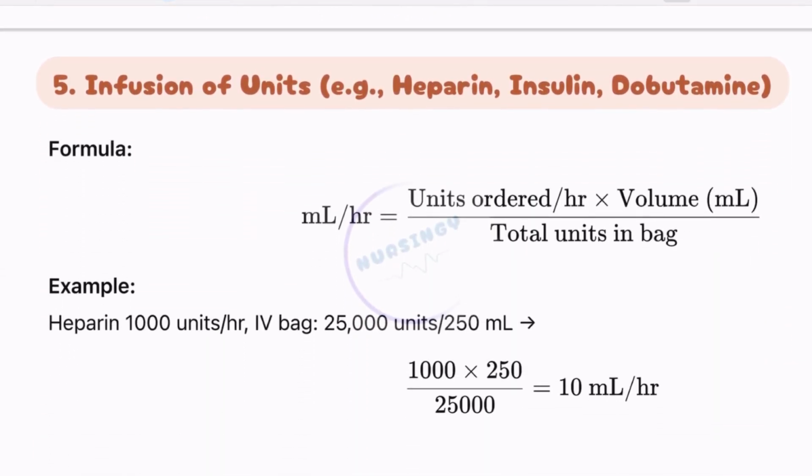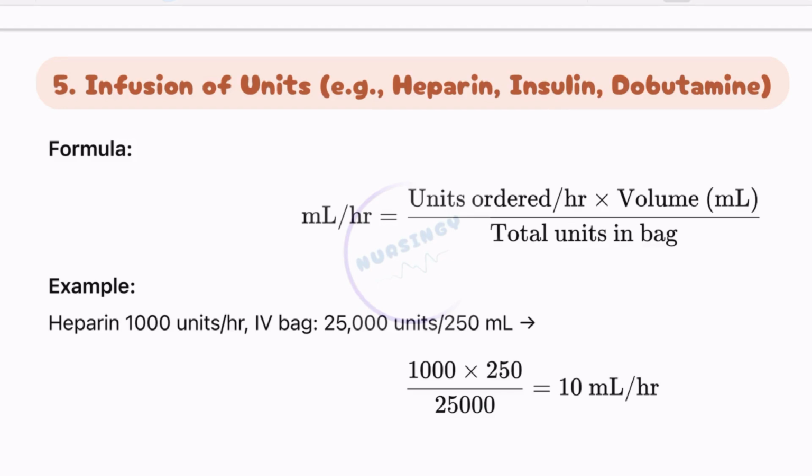Next one is infusion of units, and this is a very important formula because you usually use it for heparin, insulin, dobutamine in the emergency ward, in ICU, in critical care. So always remember this one.